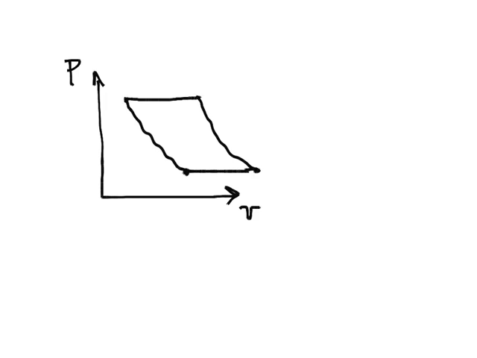Okay, so let's label our states. So we have here 1, 2, 3, and 4. And to remind you, 1 to 2 is isothermal, so it takes place at a constant temperature. This is also isothermal.